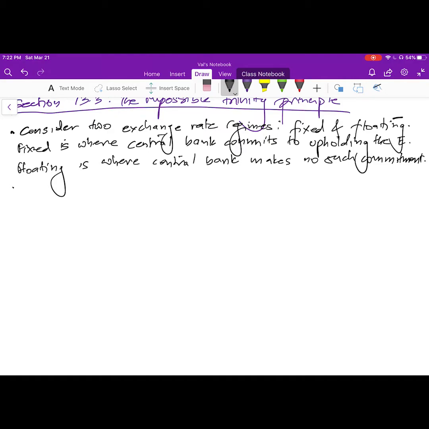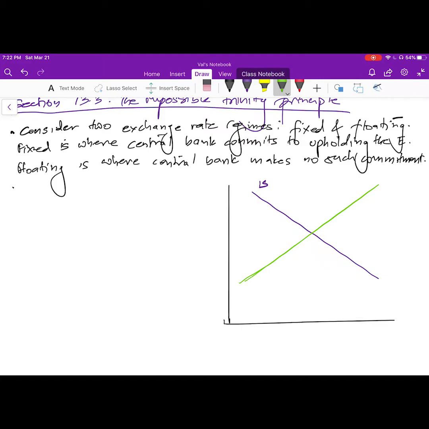So let's draw a chart that we drew a few minutes ago. Is the IS-MP curve. IS, MP.